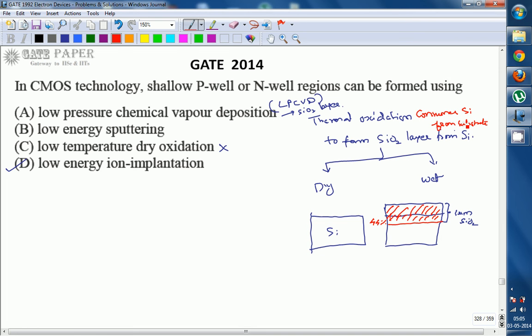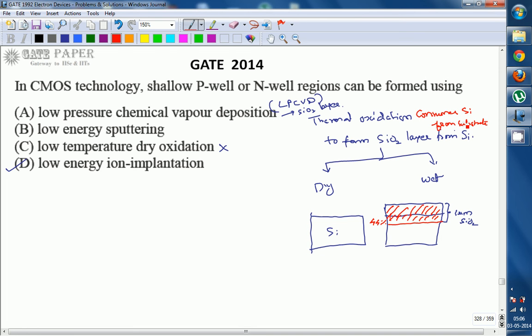Whereas CVD, chemical vapor deposition, is also used to form an SiO2 layer, but it doesn't consume silicon from the substrate. That is the basic difference. SiO2 films can be formed by low pressure chemical vapor deposition or plasma enhanced chemical vapor deposition.